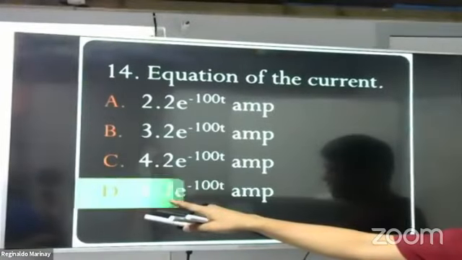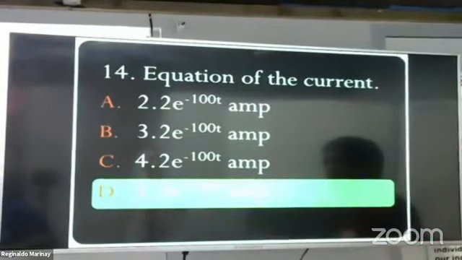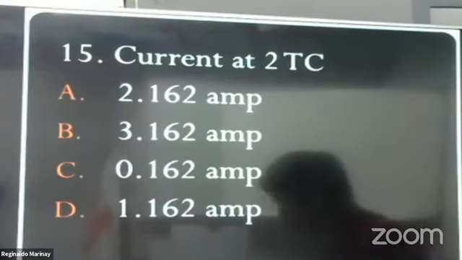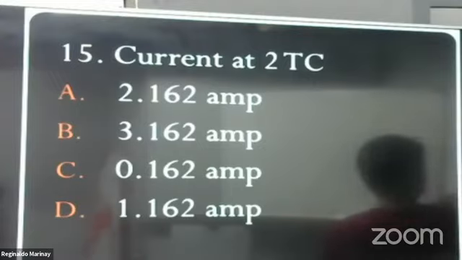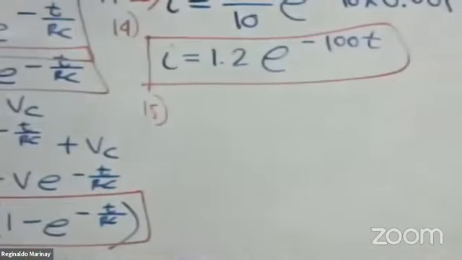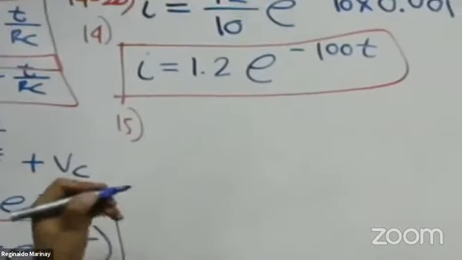Okay, letter D is our answer, no? Okay, next slide please. The current at 2 time constants. Let's go over number 15. Okay.